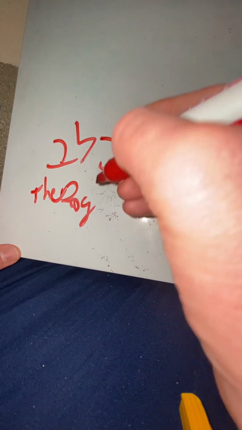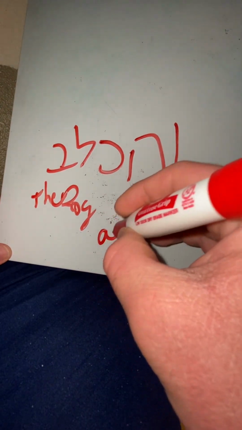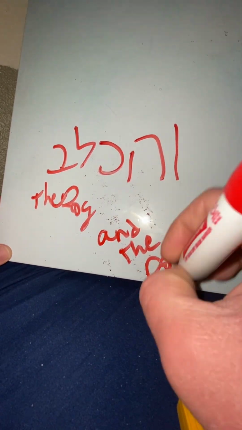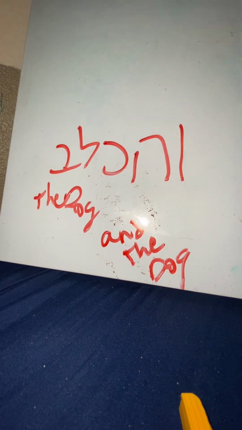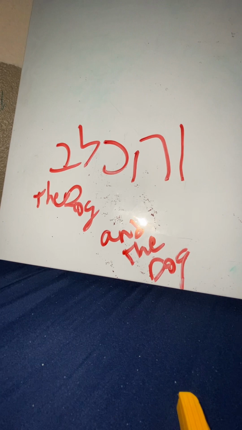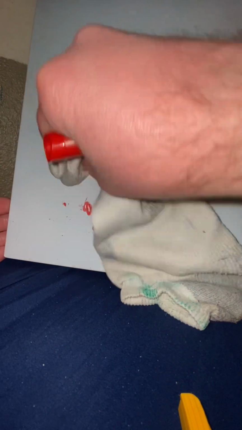The word kelev means dog. When you have hakelev, it means the dog. And when you have vehakelev, it means and the dog. And you could totally have two different prefixes right there. Okay?